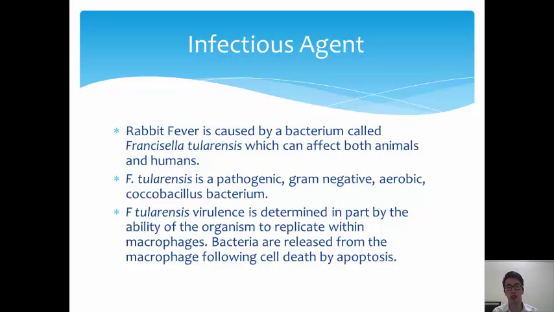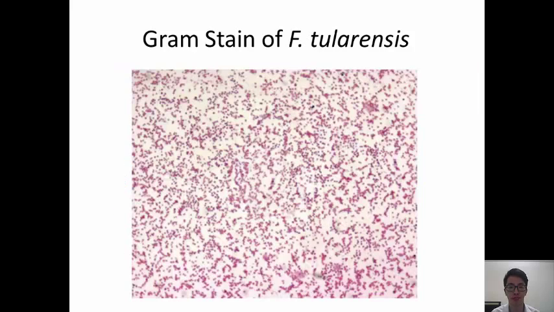Although not much is known about the virulence mechanism of F. tularensis, it is determined in part by the ability of the organism to replicate within macrophages. Bacteria are then released from the macrophages following cell death by apoptosis.